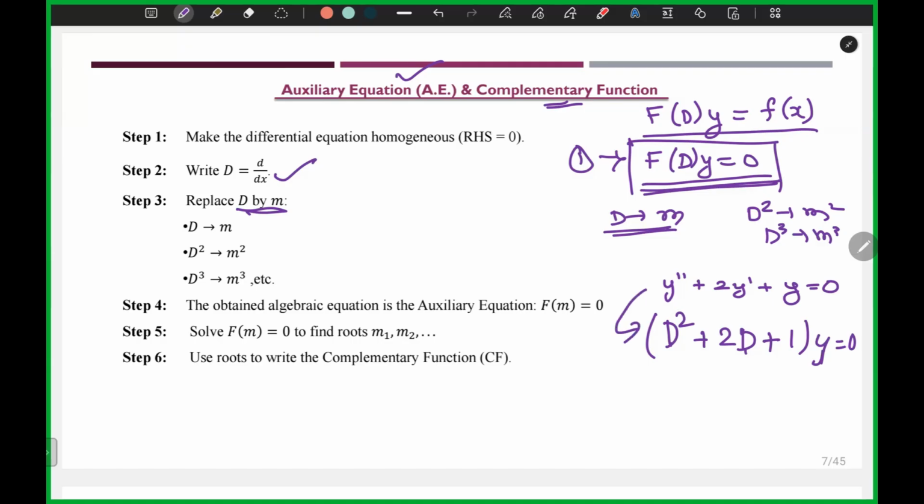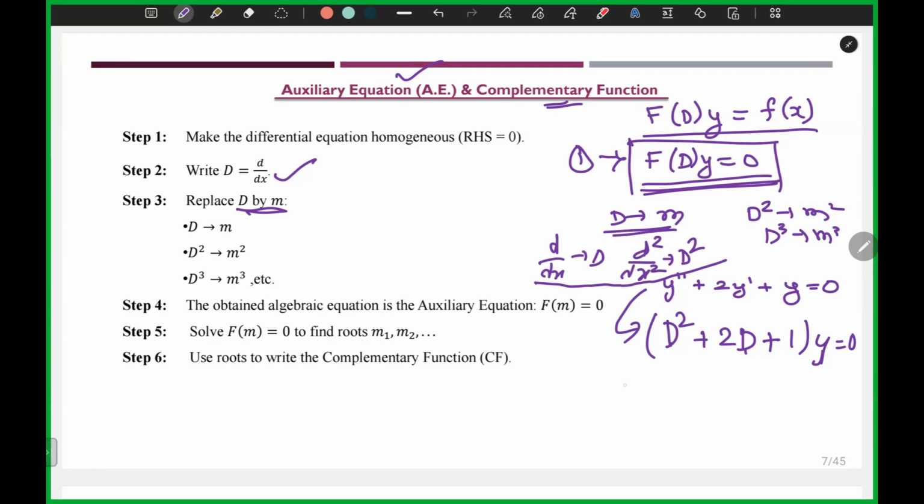This is the easy part: y dash, that is d by dx, is D, and d square by dx square is D square. So this is our equation in operator form.